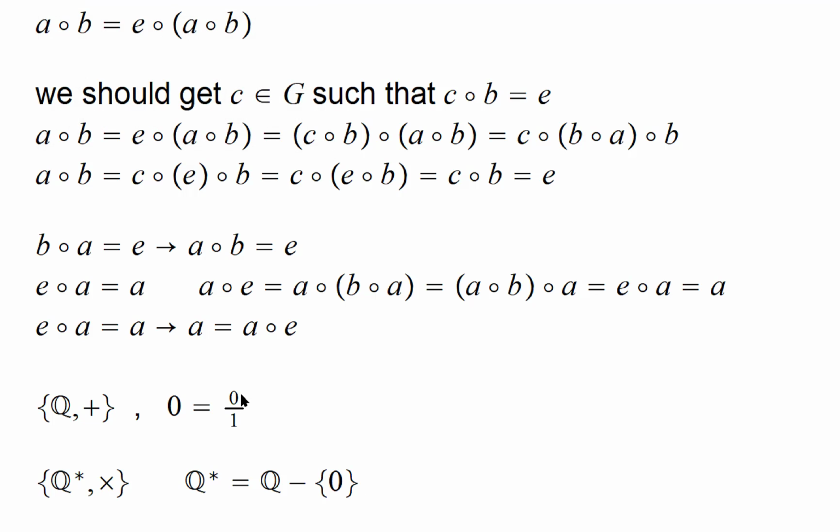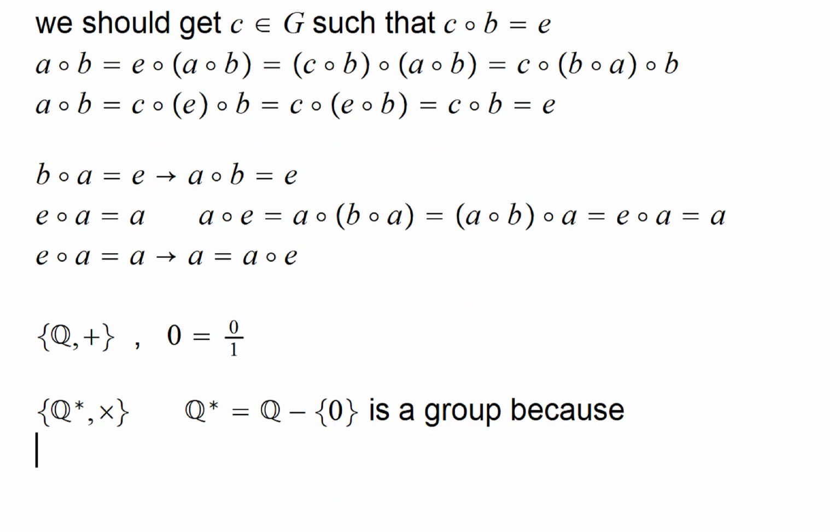Why? Because 1 is the identity, the multiplication of numbers is associative, the product of two rational numbers is again rational, and for any non-zero rational number we have the reciprocal serving as the inverse.